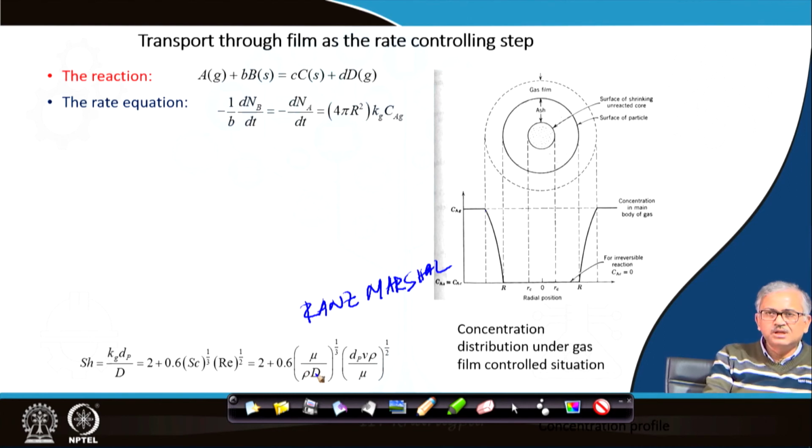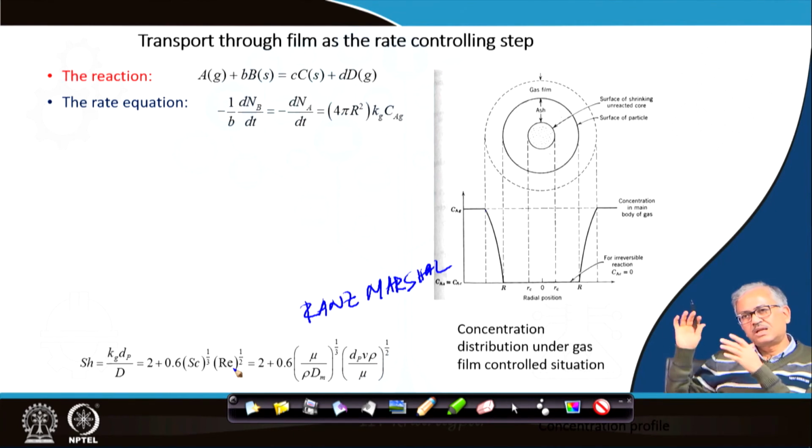So, it depends on the physical properties of the material. The Reynolds number is also a dimensionless number, rho u dp by mu.